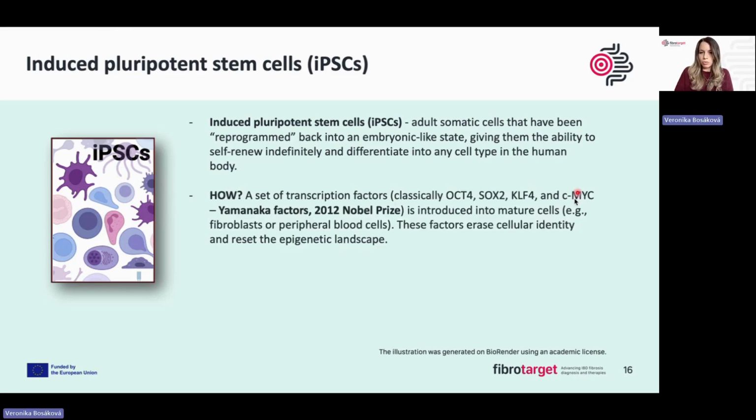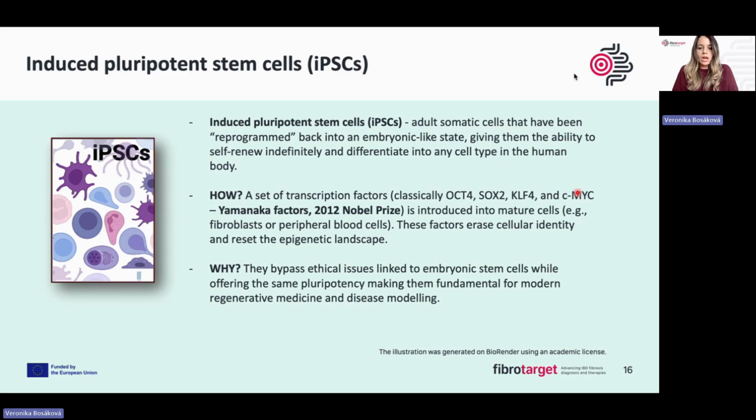They are made from adult somatic cells that are introduced with transcription factors called Yamanaka factors. That reprograms the cells, erasing their cellular identity and resetting the epigenetic landscape, giving them the ability to self-renew and differentiate into any cell type.